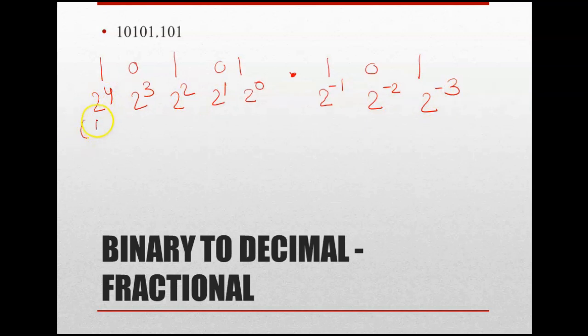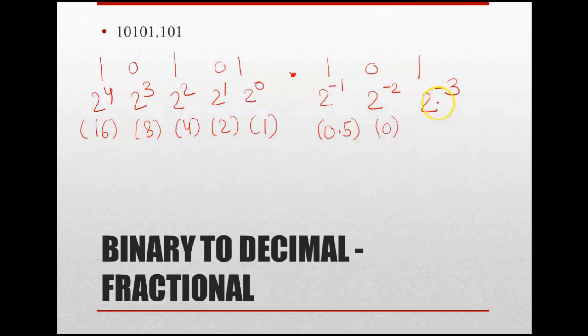So 2 to the power 4 is 16, then we have 8, then 4, then 2, and then 1. Now the fractional part: 2 to the power minus 1 is 1 by 2, which is 0.5. The next one you can ignore, because any number multiplied by 0 gives 0 only.